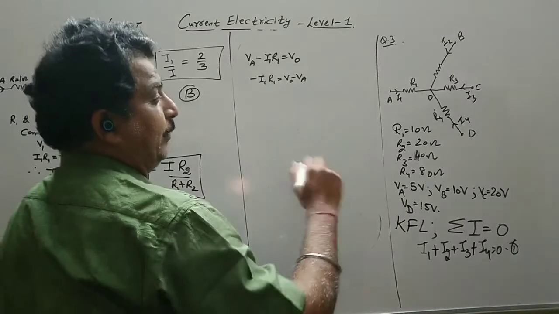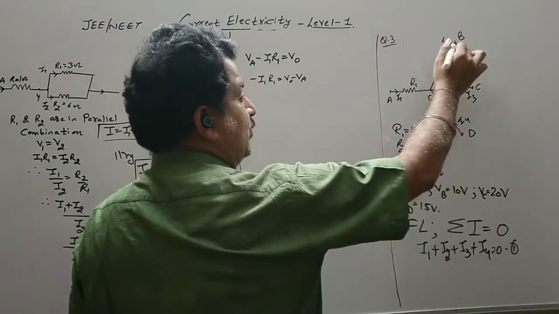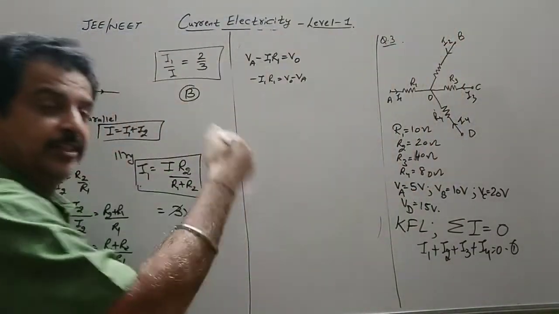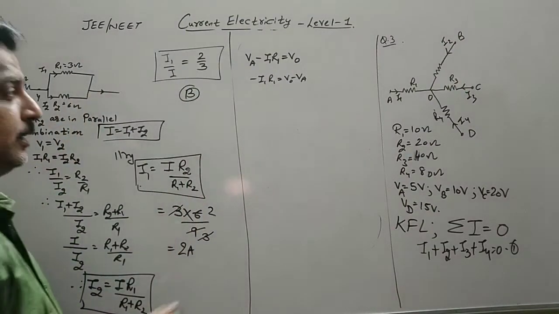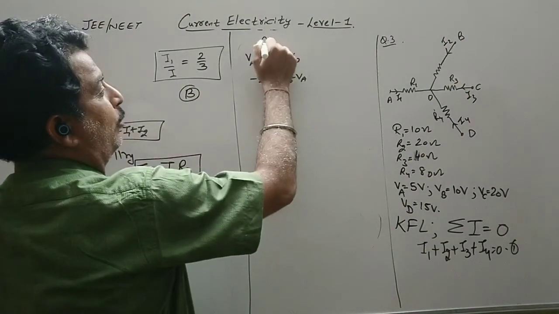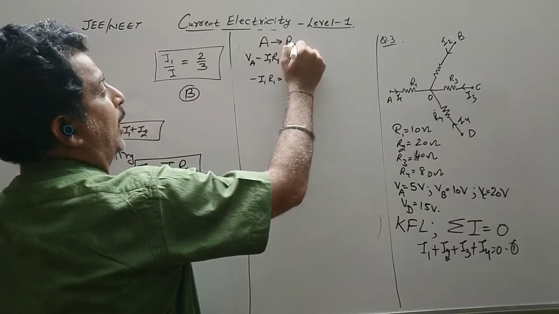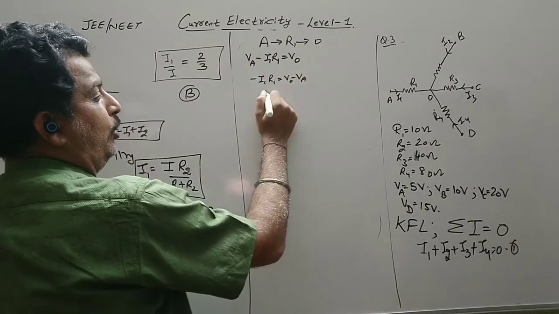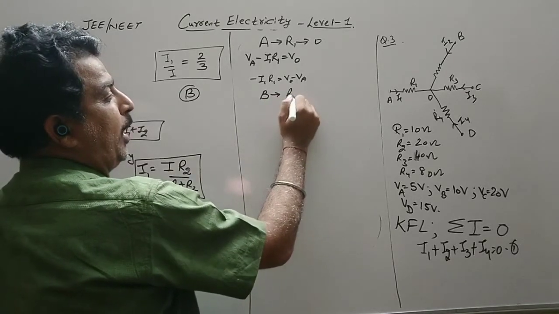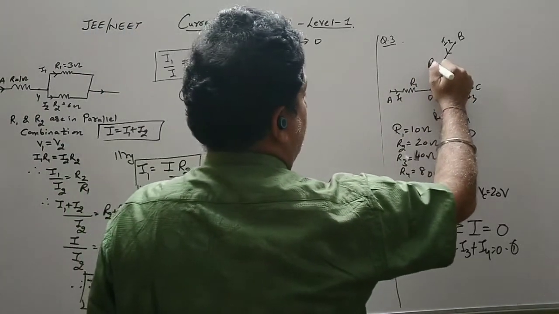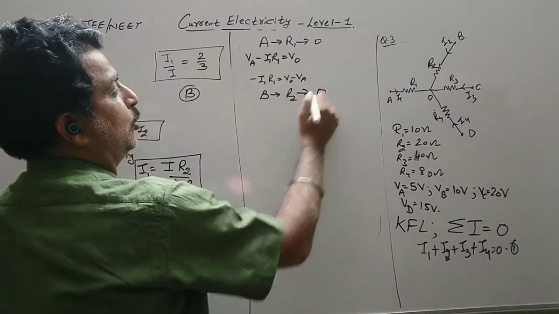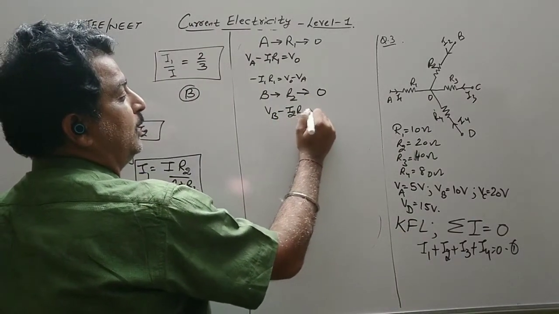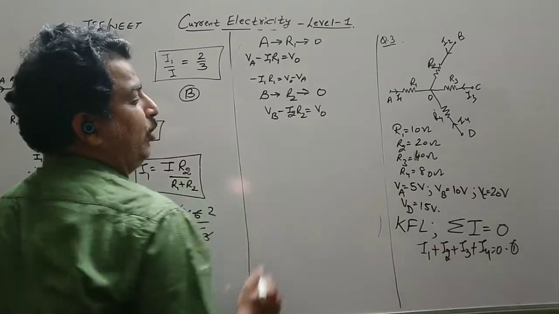Then, we assume that the direction of the current given is correct. This is the Kirchhoff law applied from point A through R1 to O. Similarly, if I apply the Kirchhoff second law from point B through R2, let us name this R2, to junction O, it becomes VB minus I2 R2 is equal to V0.